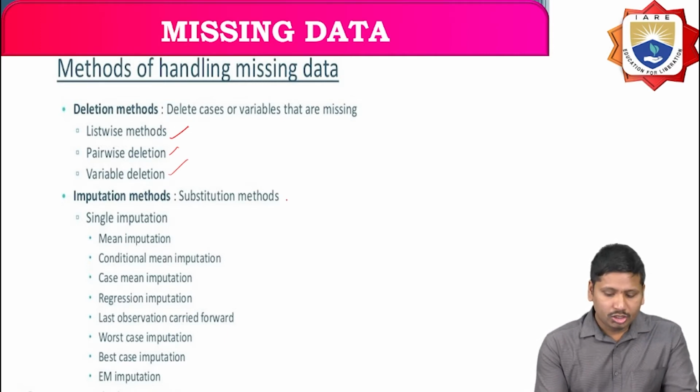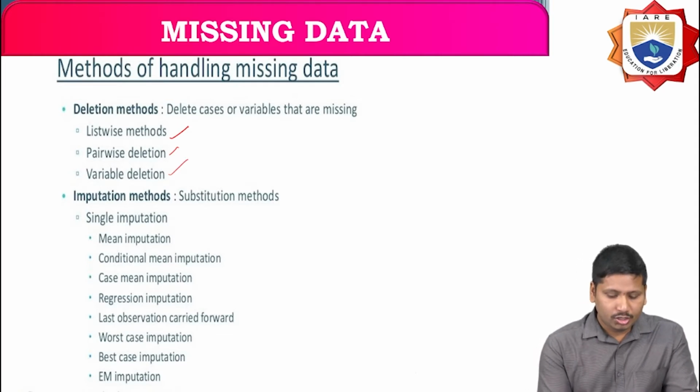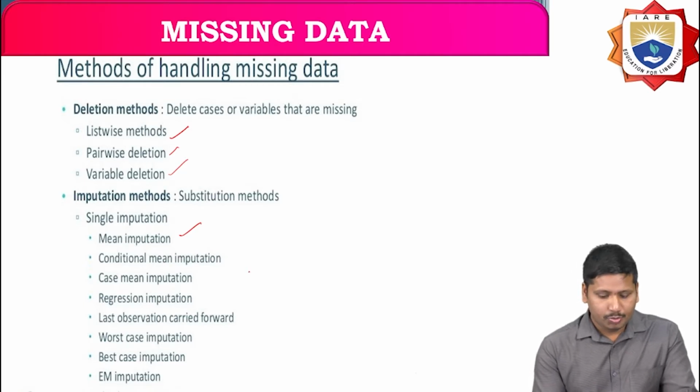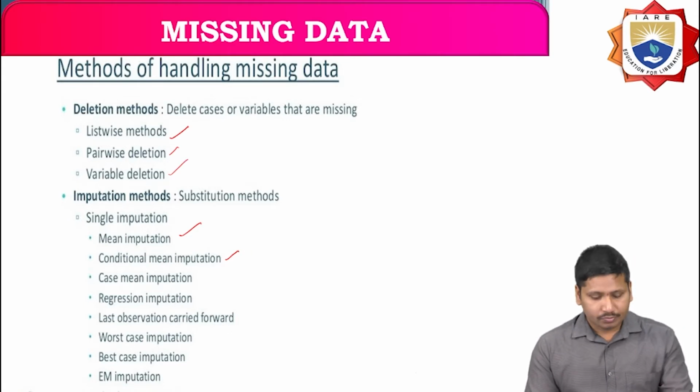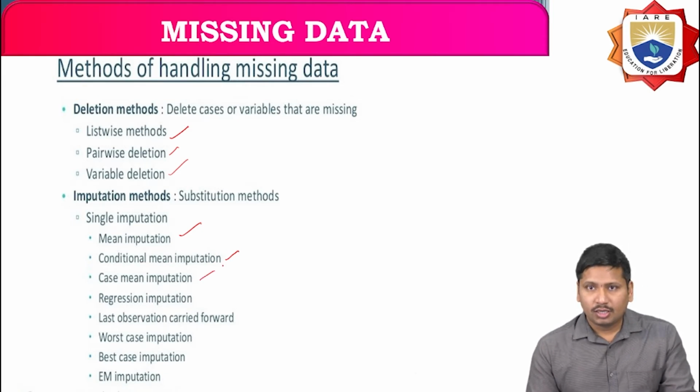And then when it comes to substitution methods, here substitution methods will be single imputation. The very first one is mean imputation. Mean imputation means the missing value is going to be filled with the mean value. Similarly, the second one is the conditional mean, so the missing value is going to be replaced with the conditional mean. The third one is replacing the missing value with the case mean.